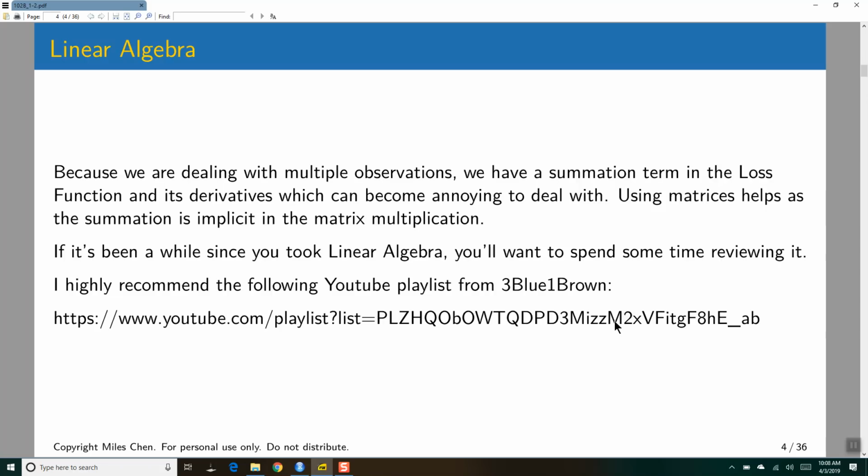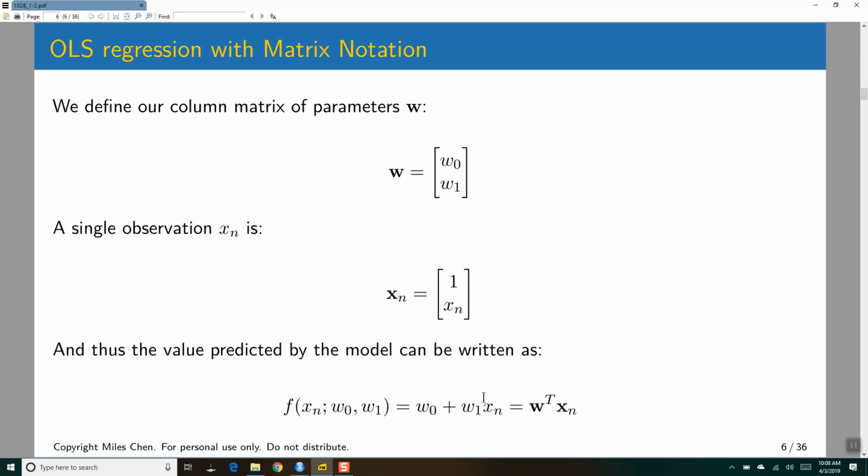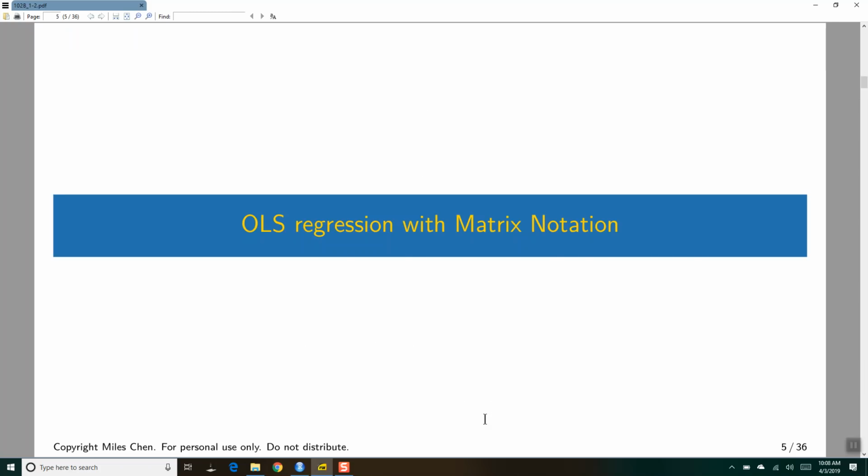And we said, if we define our things as W0 plus W1 x of n, you can have that summation term and do the derivatives, partial derivative with respect to the intercept and partial derivative with respect to the slope. And then you'll have a system of two equations, and you set the partial derivatives equal to 0, you solve, and you'll find the values of W0 and W1 that minimize the thing.